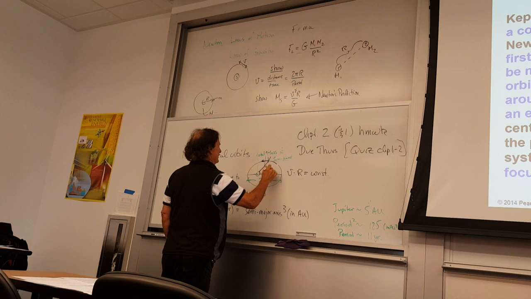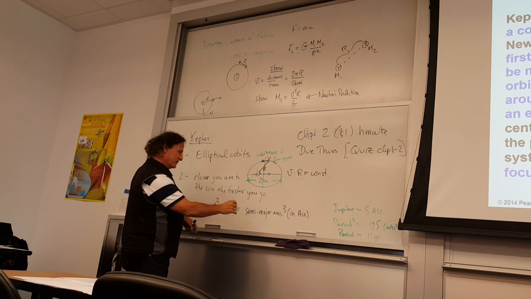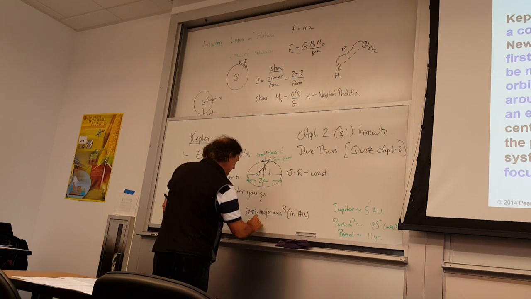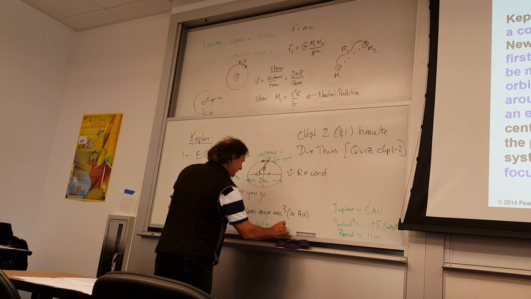So that caused the period, instead of the semi-major axis alone, to involve the total mass in solar masses.